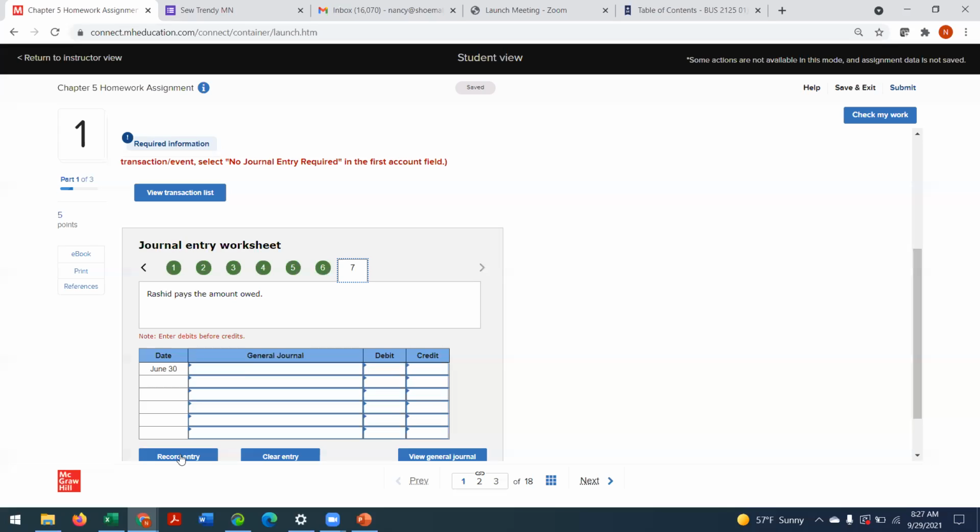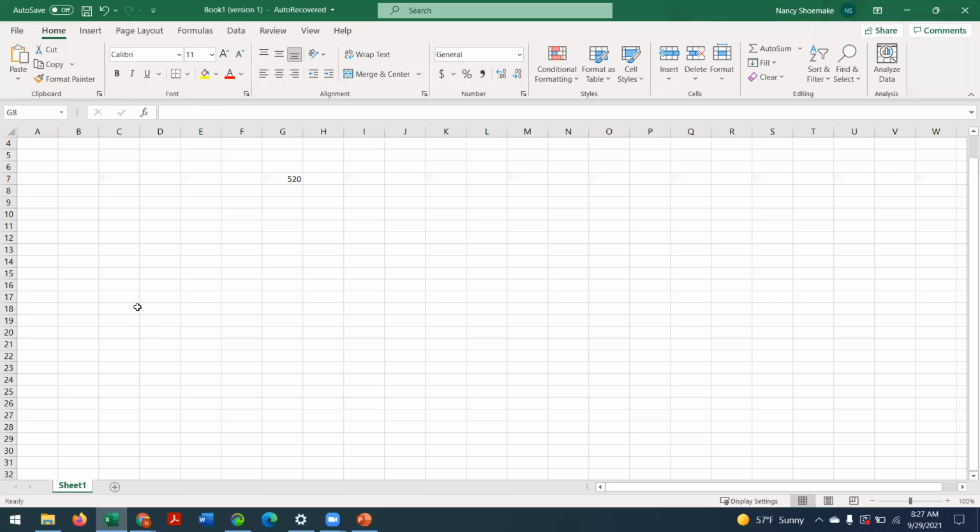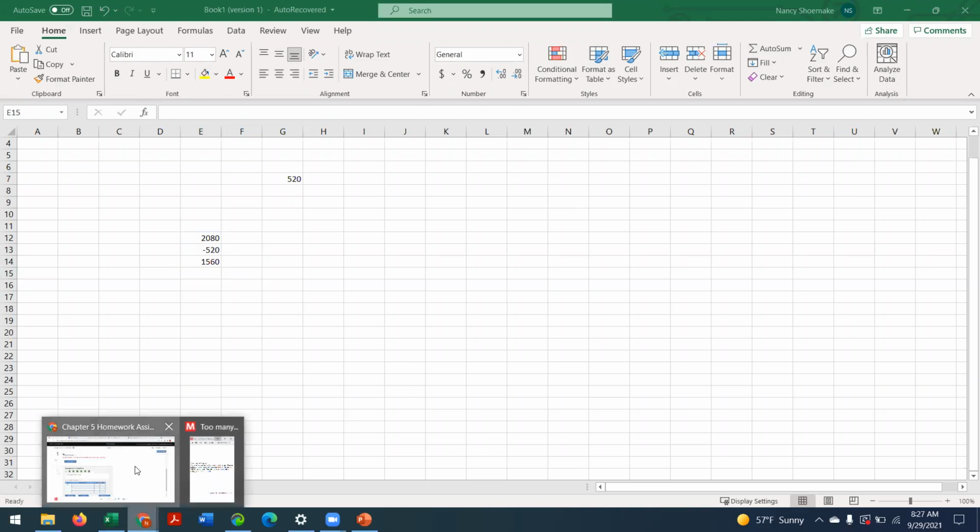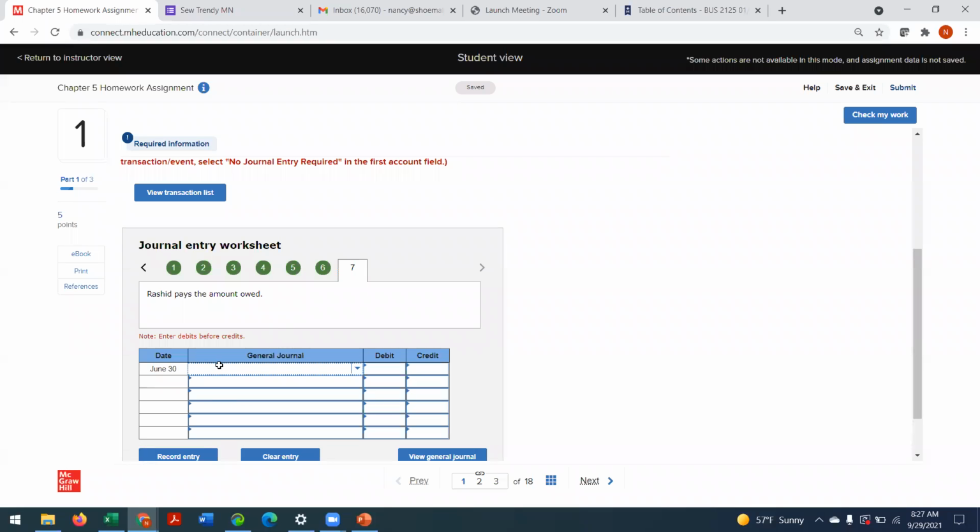Then Rashid pays the amount owed. So the accounts receivable started at 2,080. And then we did a credit of 520. So the amount now he should owe is 1,560. So we would have cash of 1,560.